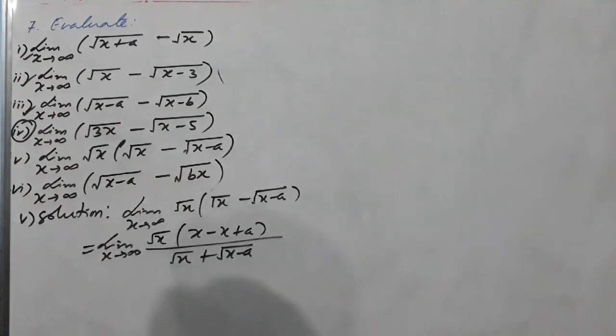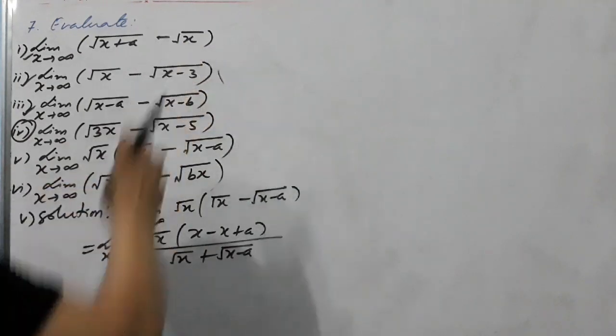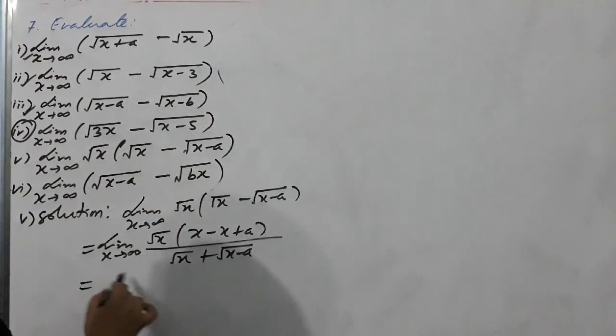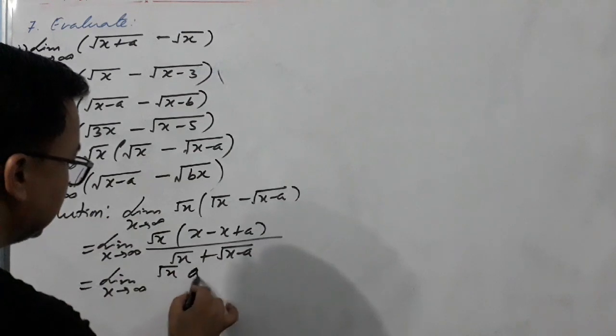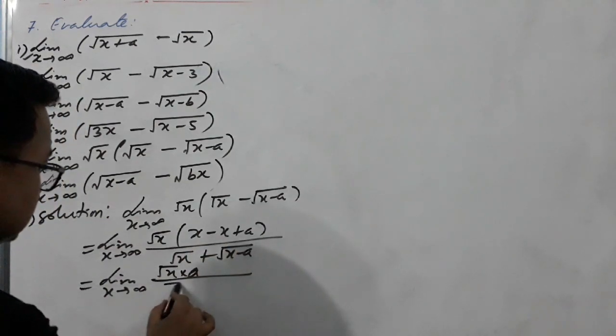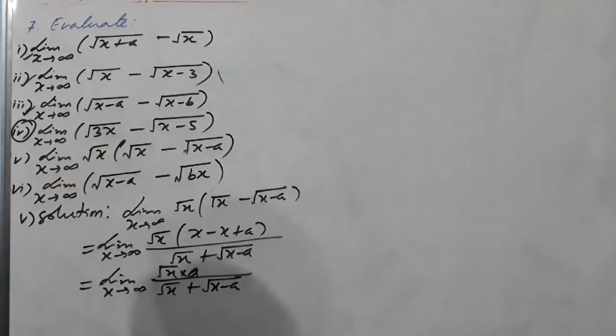I have multiplied up and down by the conjugate of this term as I have done in earlier questions. Exactly the same thing I have done here. The limit as x tends to infinity of 2a over root x plus a plus root x minus a.